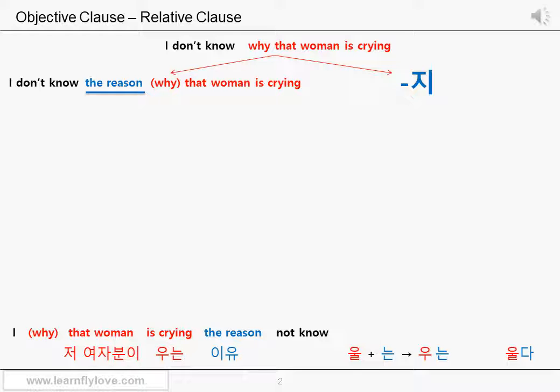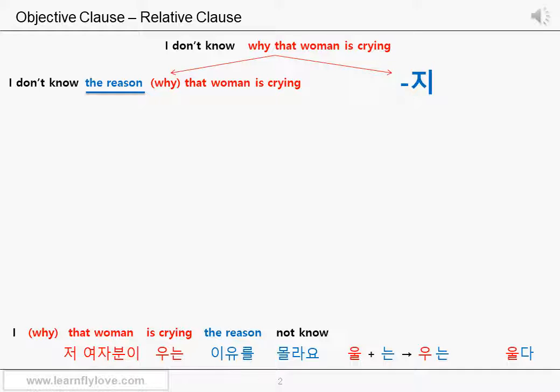The reason is 이유. It's an object of the verb know or an object of the entire sentence, whatever you think it is. You can add the object particle 를 because it's an object. 이유를, not know. The basic form of the verb not know in Korean is 모르다, but it becomes 몰라요 according to the irregular conjugation rule that we learned in lesson 6 part 2.